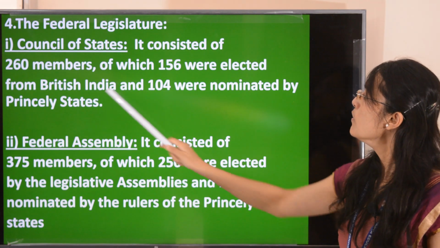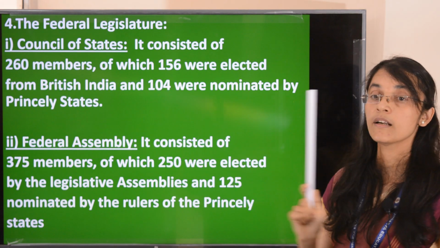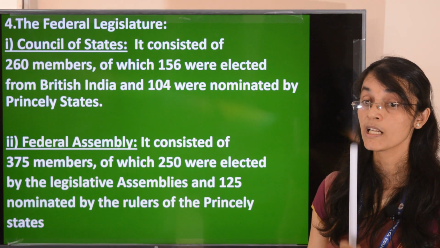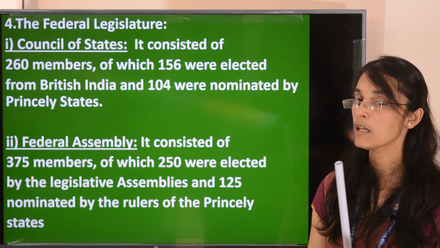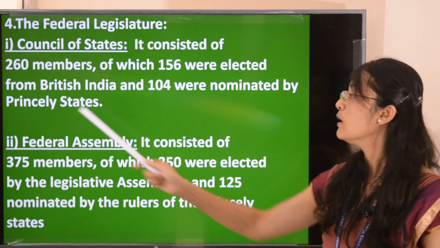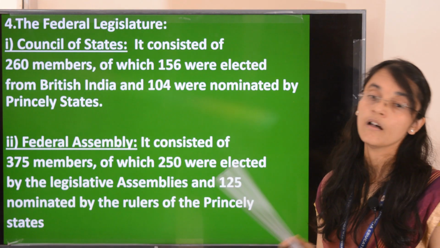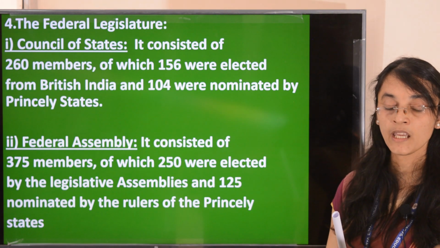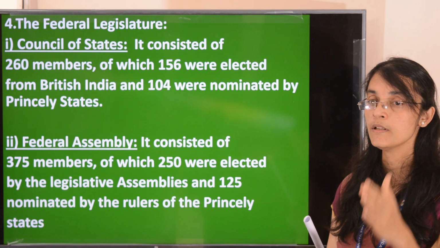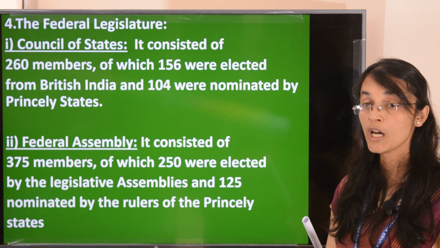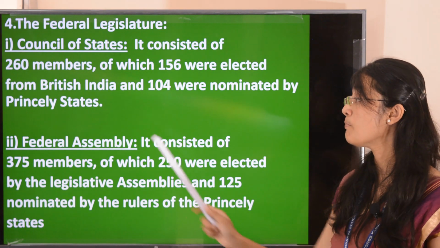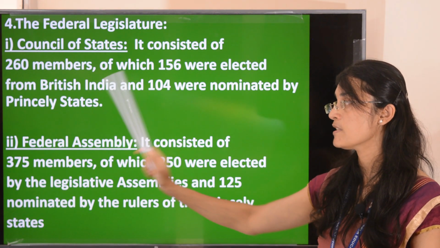See here, British India means provinces directly under the control of whom here? Under the control of the British government. The princely states were under the control of a king or queen. For example, Jammu and Kashmir, Junagadh, Hyderabad. So these are examples for which one here? The examples for princely states.